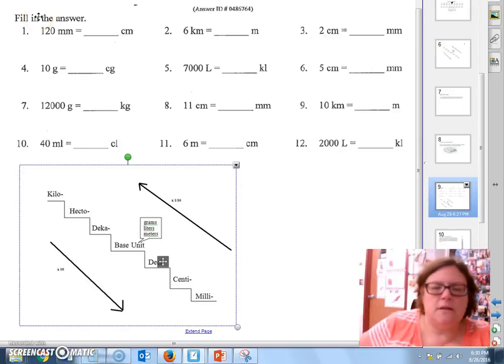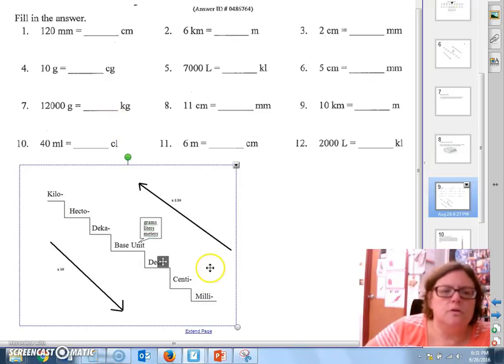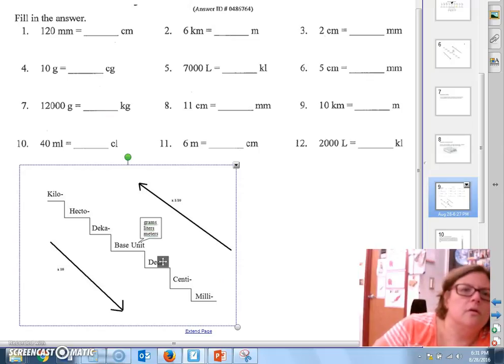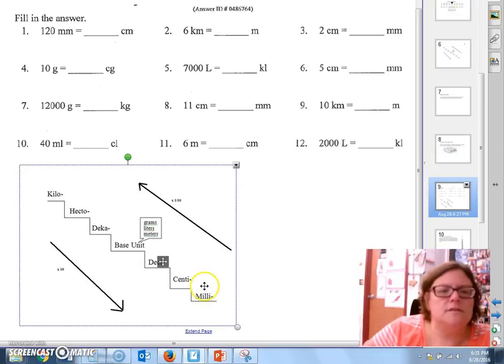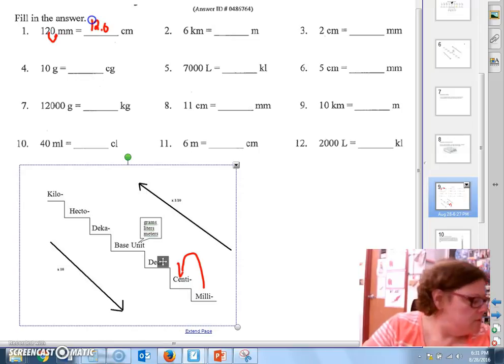All right, let's practice. Our first one, 120 millimeters. We're going to start here with milli, and we want to go to centimeters. So we're going one to the left. Milli to centi. 120 millimeters, this is our understood decimal. One to the left will be 12.0 centimeters.